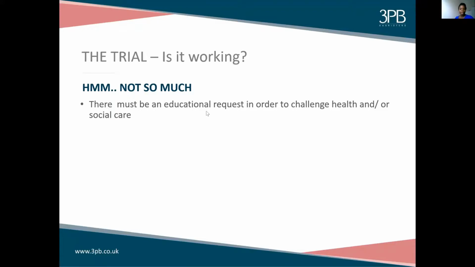Therefore, there is a need for there to be an educational complaint aspect to your appeal, in order to continue with social care and health elements. And so that kind of defeats the object of having that one-stop shop approach. And as I've said, another problem is that some local authorities simply do not have that coordinated approach. It's not joined up still.